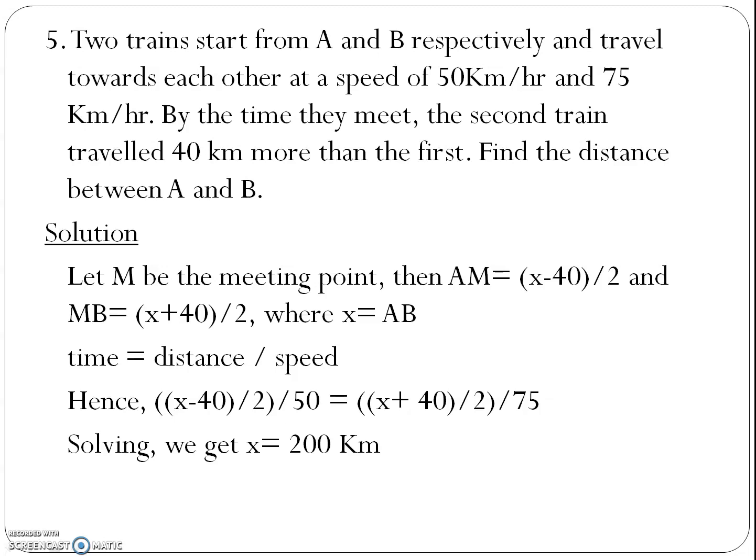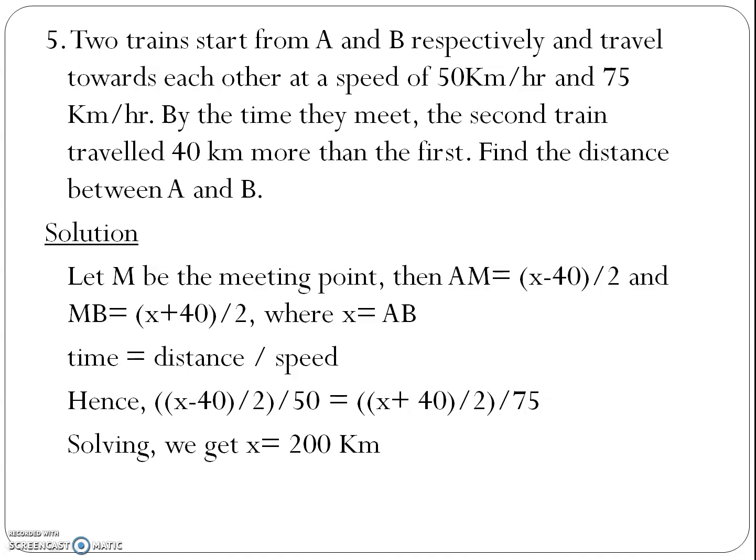If you add these two, (x plus 40) by 2 and (x minus 40) by 2, we will get x. We know that time equal to distance by speed. Therefore, we can get time in two different ways, one starting from A and the other starting from the point B.